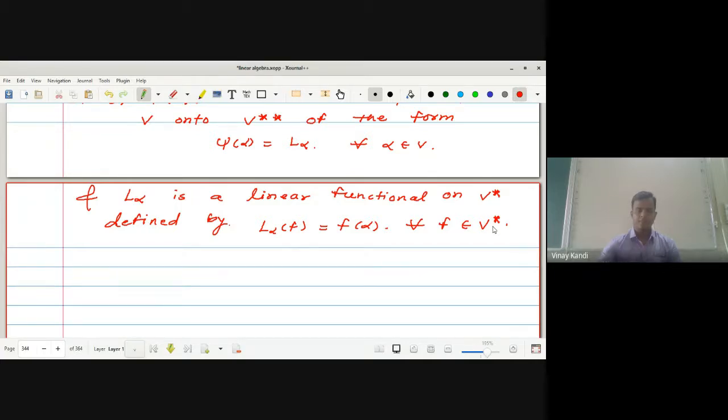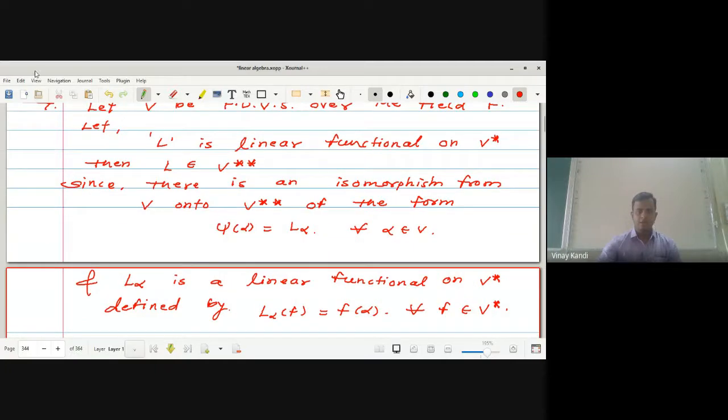As L is a linear function on V star, L belongs to V double star. And also, by the previous theorem, there is an isomorphism from V onto V double star defined by psi of alpha equal to L alpha, where L alpha of f is equal to f of alpha.